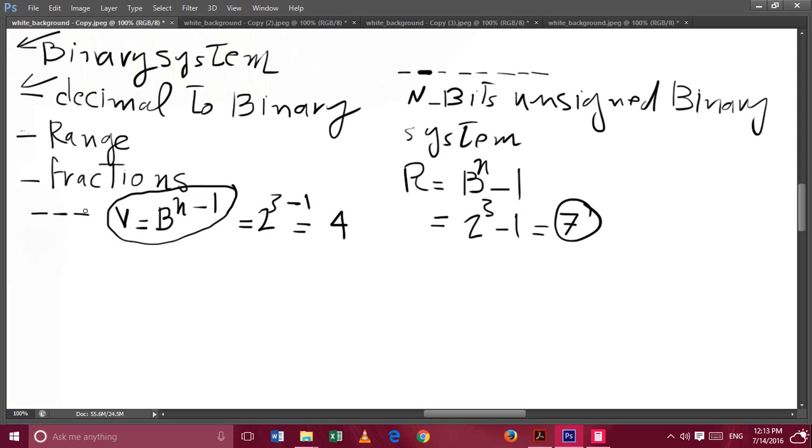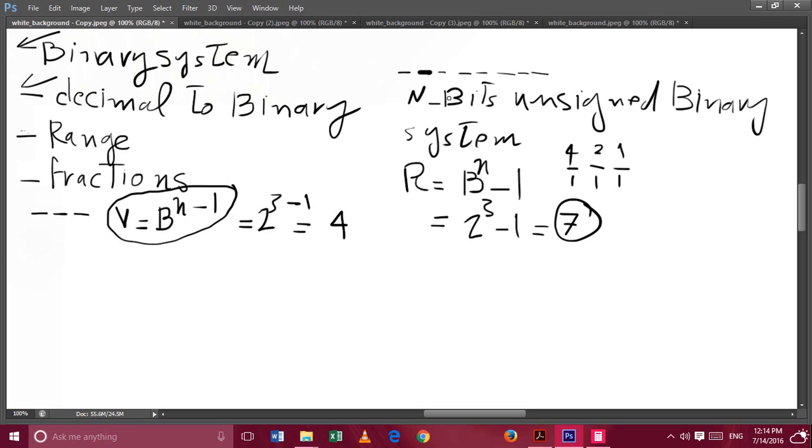If we have a binary system that has only 3 places, the biggest number that it could represent would be 7. How do we make sure that this is the case? Very simple. This is 2 and this is 4. The maximum number that we can have is when we have all 1s in these places. So 1 plus 2 plus 4 equals 7, which is the maximum number that a 3 bits binary system can represent.